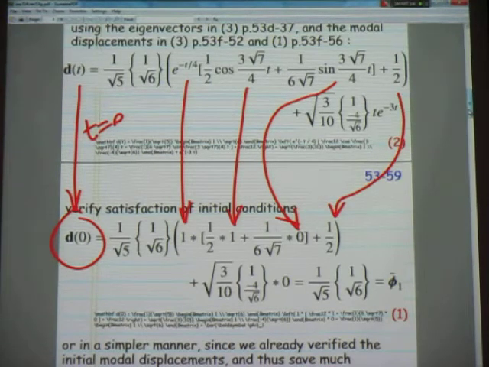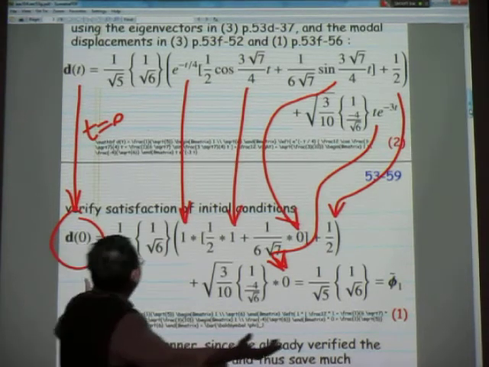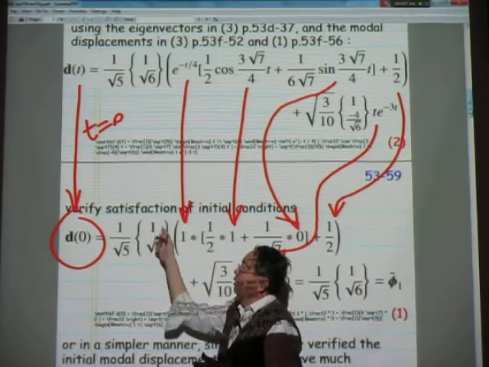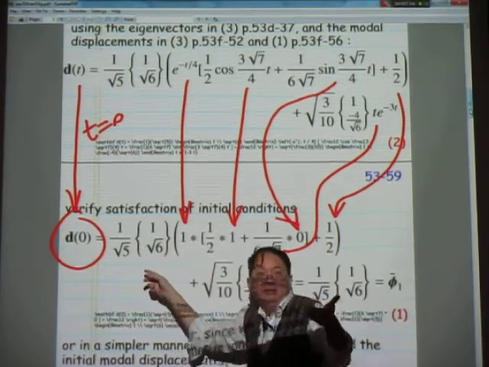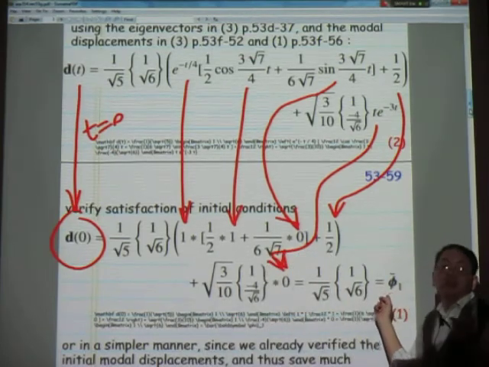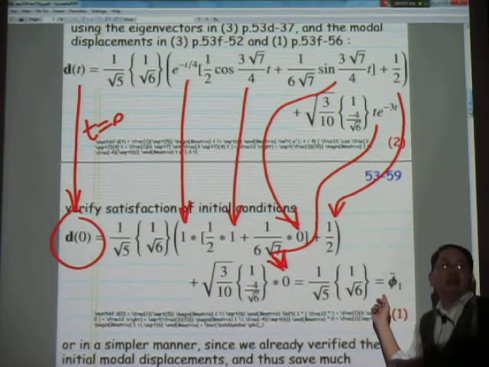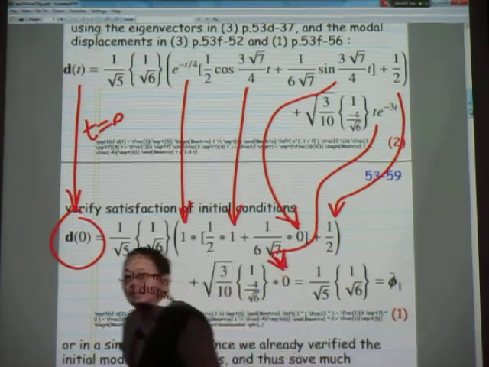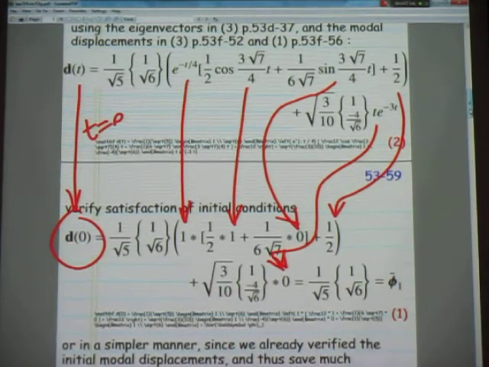Very simple. And for the second term, t equal to 0 gives you 0, so that second term disappears. So what's the end result? That's 1/2 plus 1/2 is 1, and this is phi 1 bar. And you see, that's the initial condition that I selected by design, so as to have simple modal initial conditions.